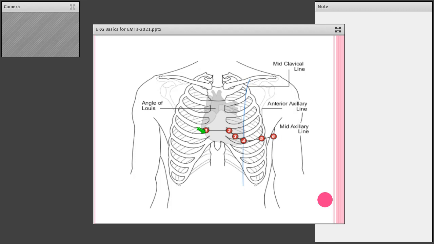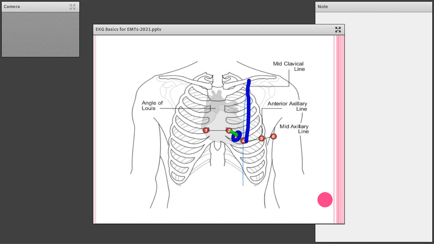So you're going to put V1 on first, then you're going to go over to the other side of the sternum and go to the fourth intercostal space on the left side, right here. You're going to put number 4 on next, so it's going to be in the fifth intercostal space, so down one more, and then the middle of the clavicle comes right down here, and then you can go back and put on number 3.